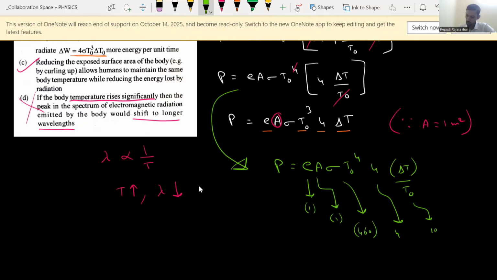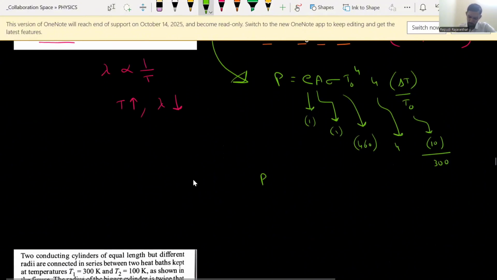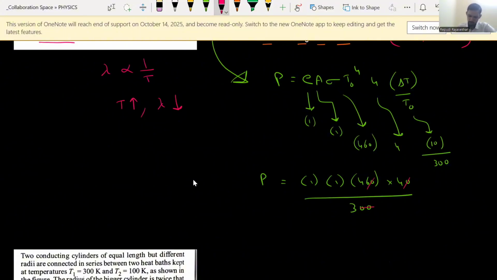The difference given in the question is 10, T naught value 300. Now you do one thing. So P equals 1 into 460 into 40 divided by 300. So here these two zeros cancel. So P equals, what is left in the numerator? 46 into 4 divided by 3. I will just use the calculator.